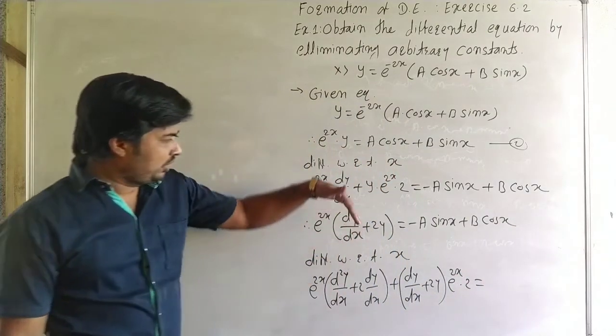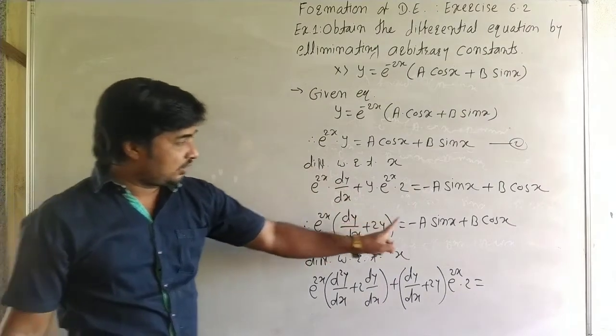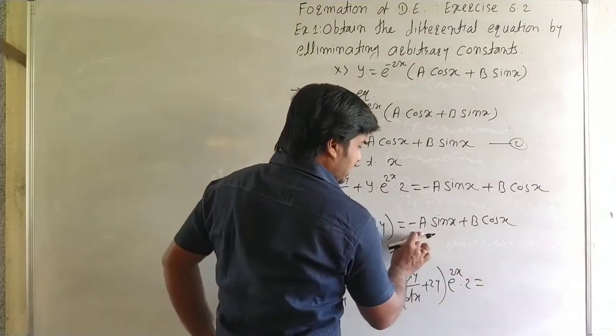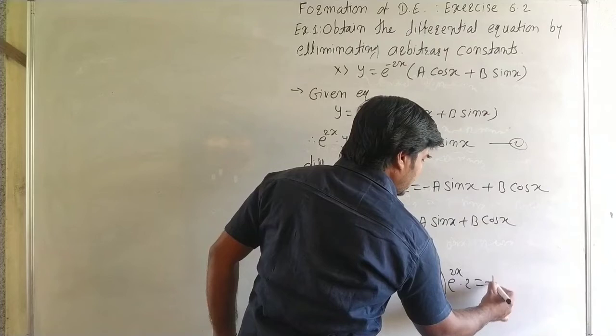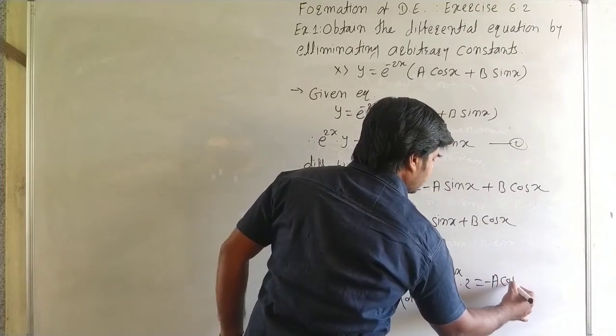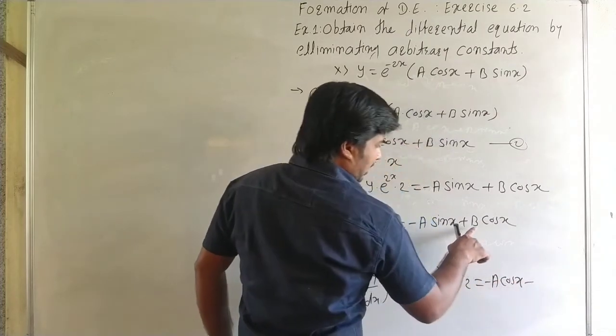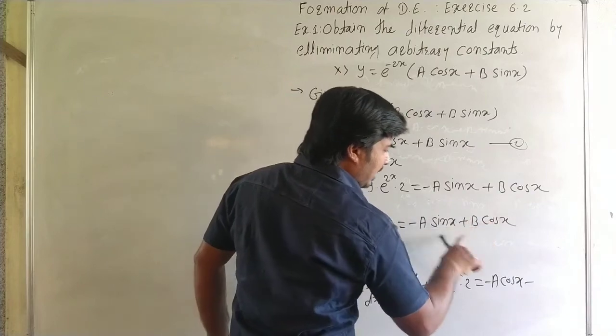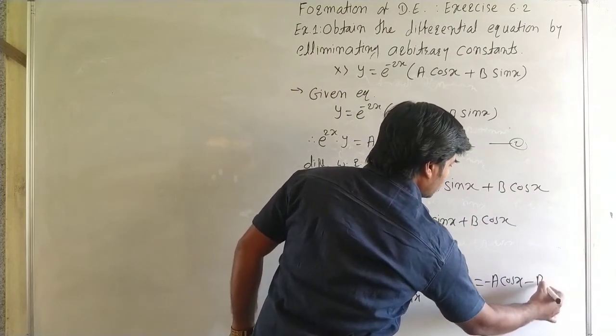Here it is only the LHS. Now the derivative of RHS is minus a derivative of sin x, it is cos x, that is minus a cos x. Then b as it is, derivative of cos x is minus sin x, so here we take minus.